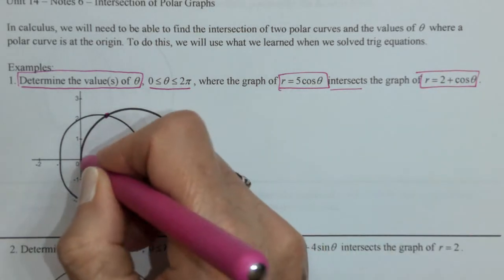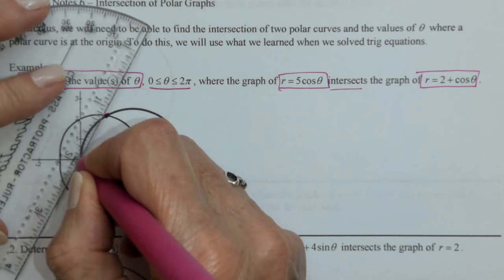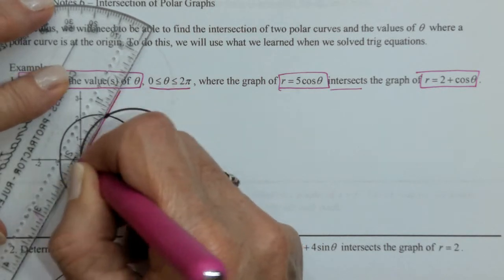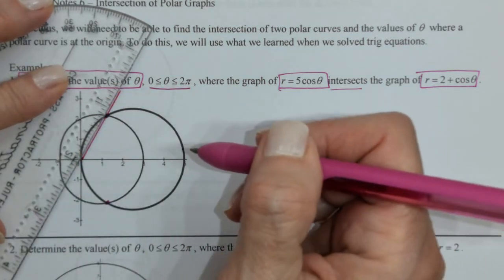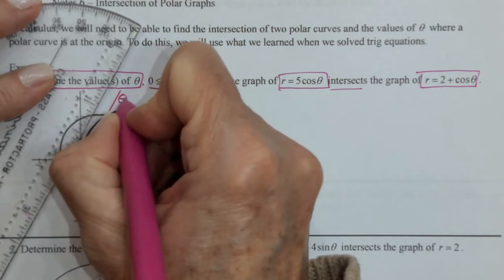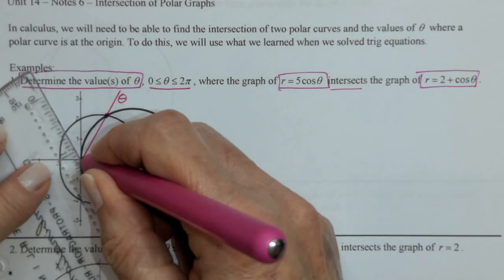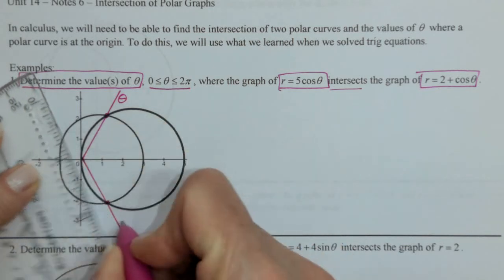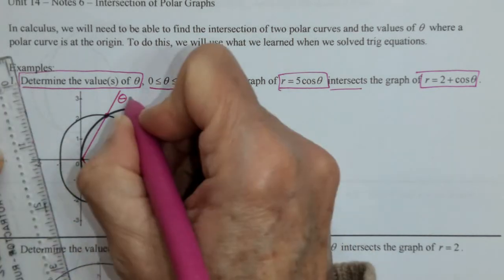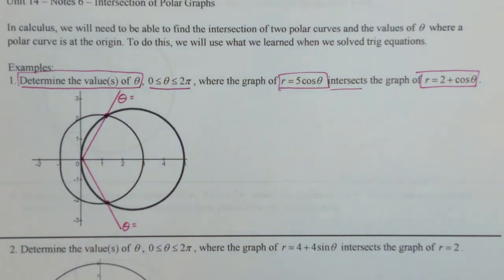Okay? So we're finding theta values. Theta values look like that. There's one theta value. There is theta where it is. This is the other theta. We want to find those two thetas. Okay? Visually, though, that's where they are.